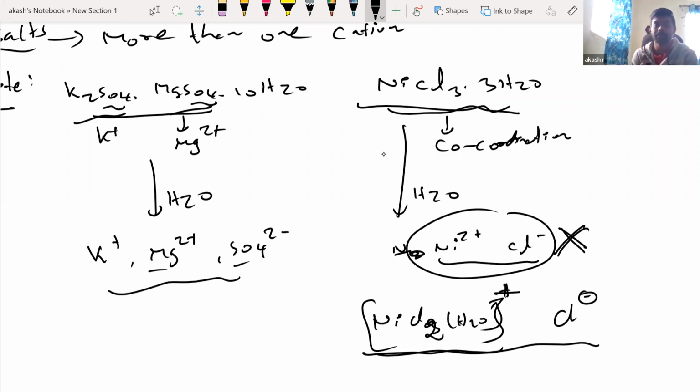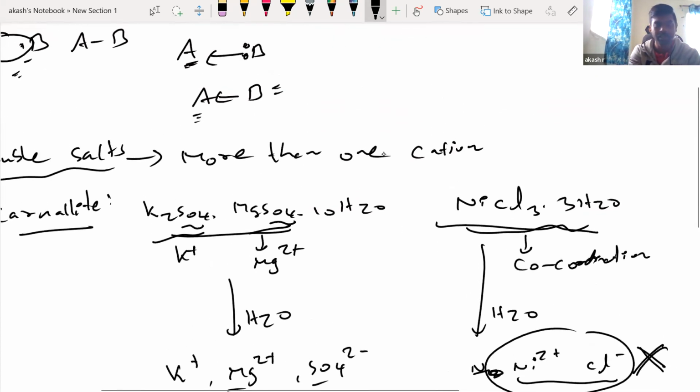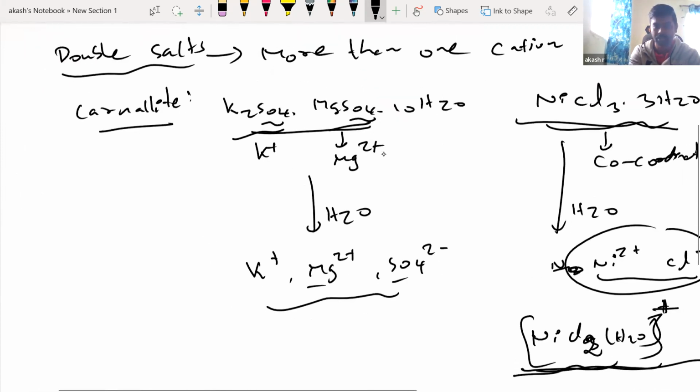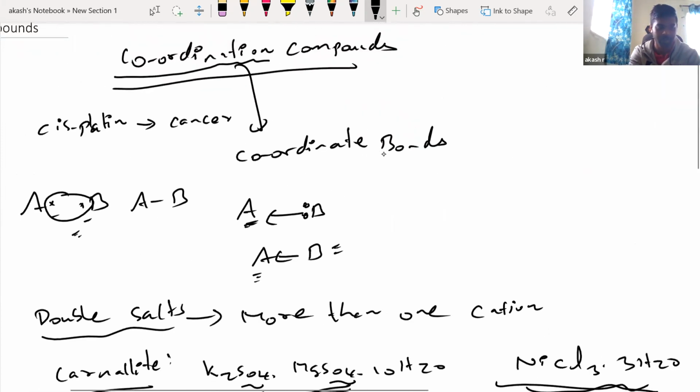That is the first conclusion we make. When we dissolve a coordination compound in water, you are not going to get all the characteristic ions; rather, you get some other weird species like this. So we have to investigate more and see what exactly is happening here.